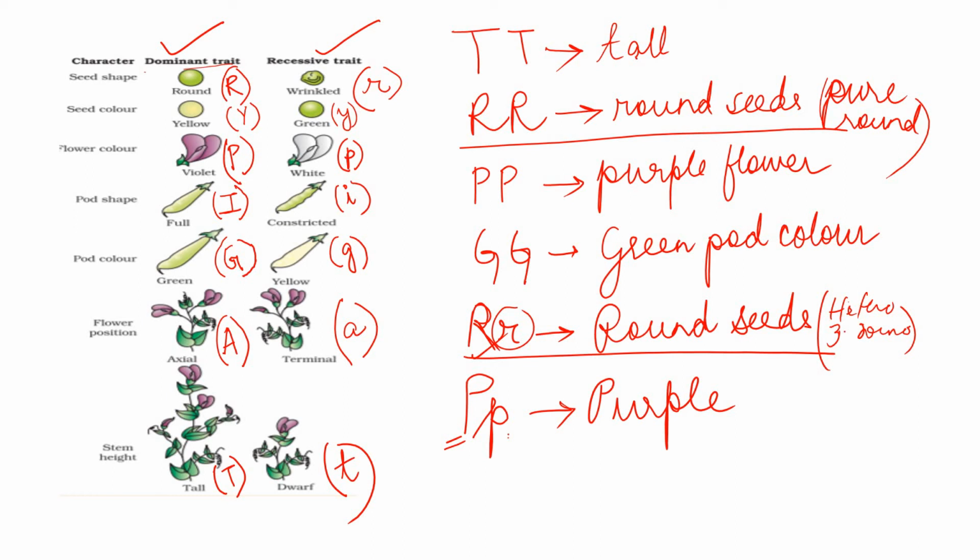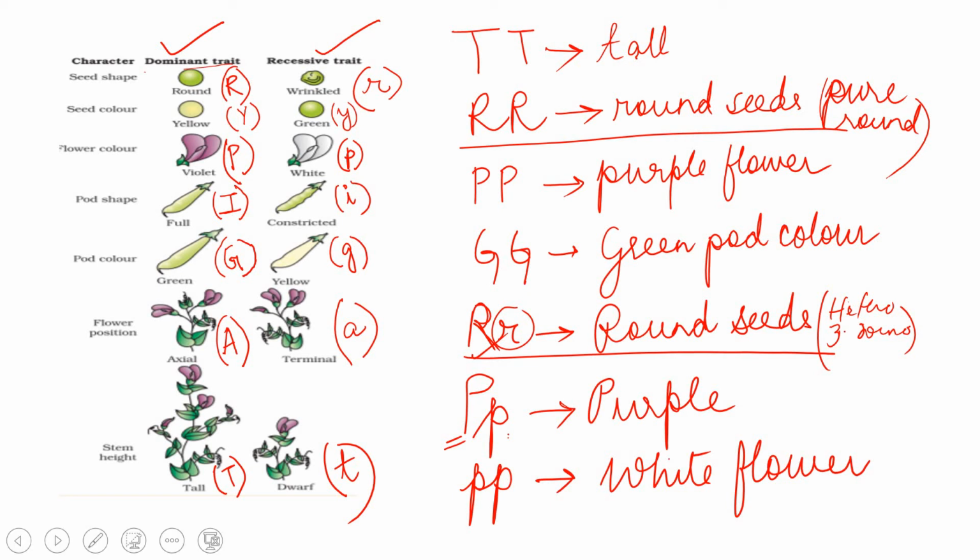Now suppose I write the genetic code as small p, that means this is a recessive trait, it has got expressed, and so the phenotype, or what you will visibly be able to see, is white flower. Because here you cannot find a capital P, you do not find any dominant trait here, so obviously this will be a white flower.